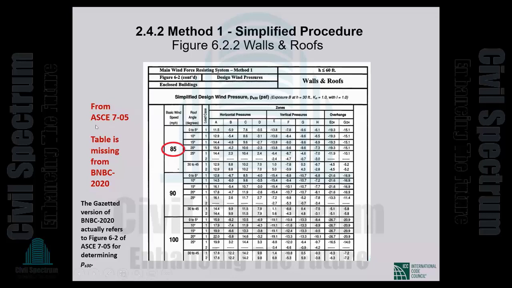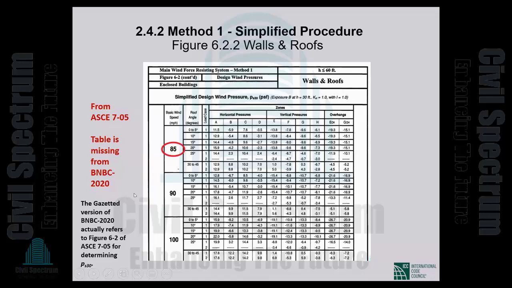And I wrote this on the slide: Table is missing from BNBC 2020. Then Pro Dasgupta of our office found that in the gazetted version, BNBC 2020 actually refers to figure 6-2 of ASCE 7-05 for determining P sub S30, which is this table. This is table 6-2.